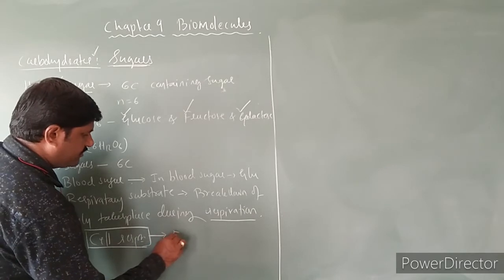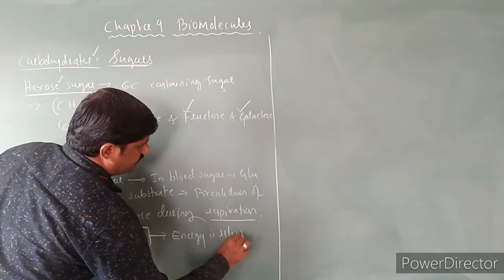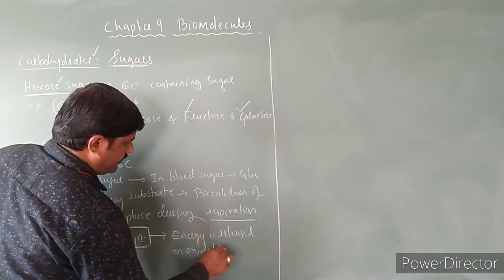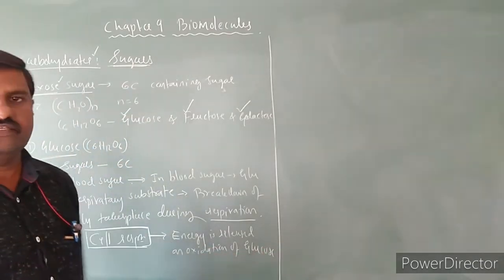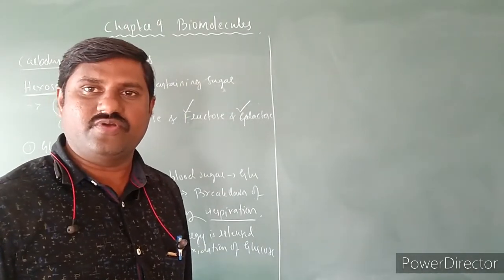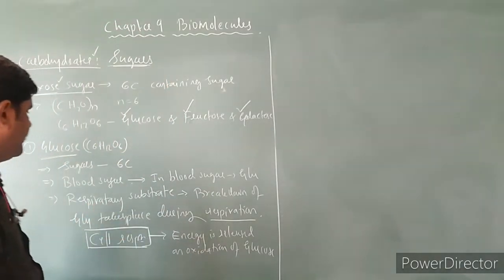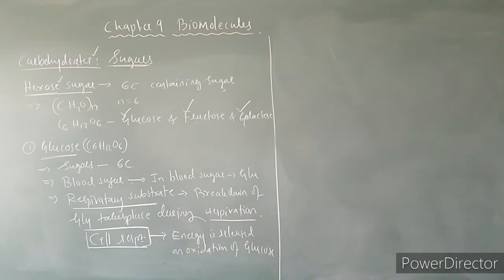During cellular respiration, energy is released on oxidation of this glucose, especially in the powerhouses of the cell called mitochondria. Hence this glucose is called the respiratory substrate.